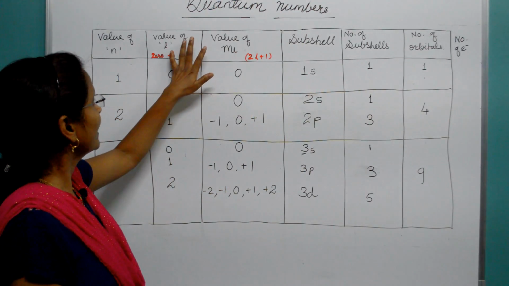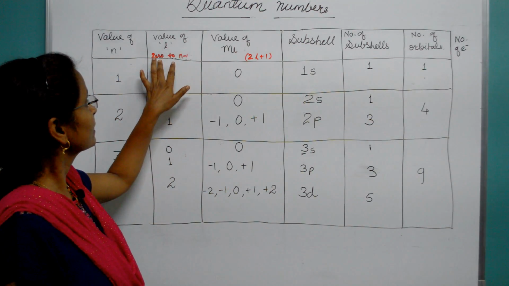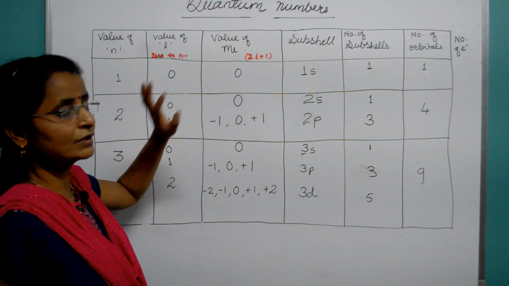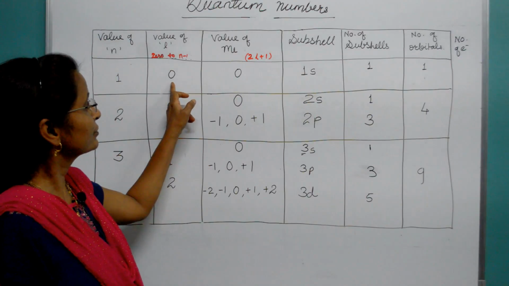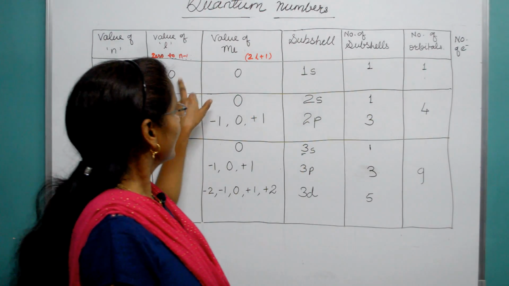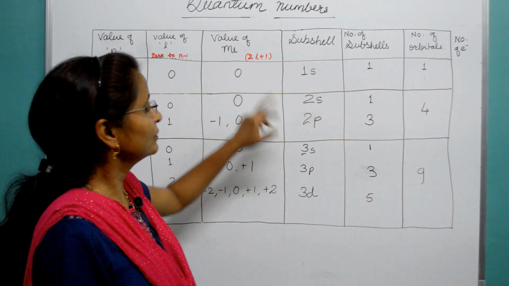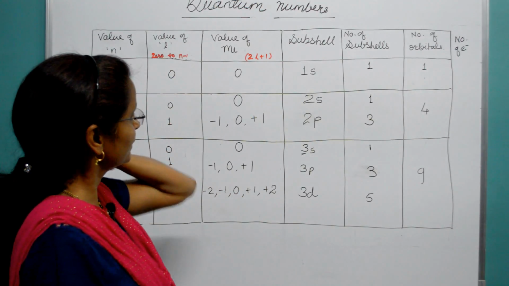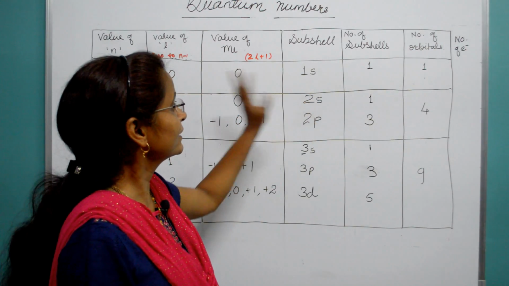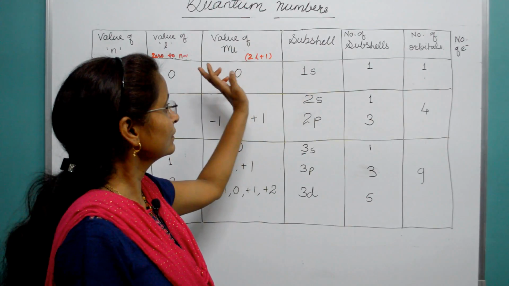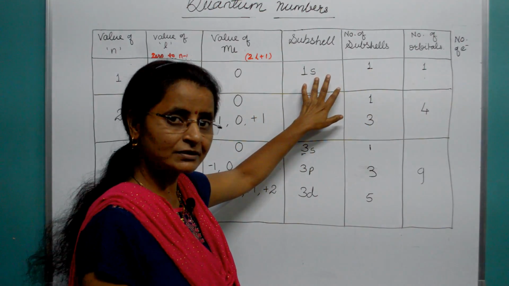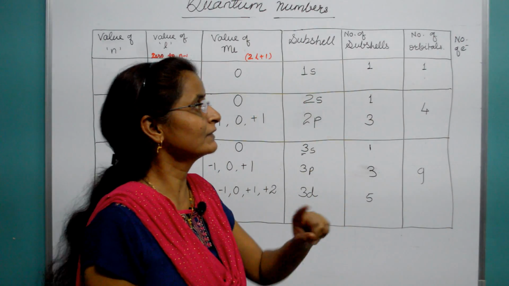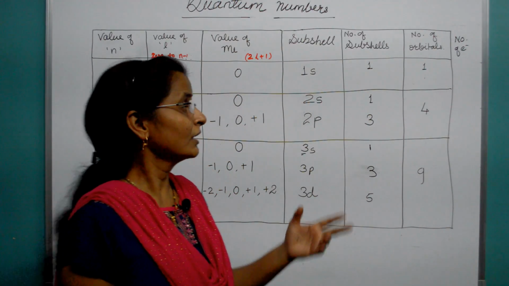So here the value of l is how much? 0 to n minus 1, n is what? The principal quantum number is 1, minus 1, so 0. So here 0, and then next is the value of m, the magnetic quantum number, which is also 0. So here it represents the number of subshells. Now only one subshell is present, and in that subshell only one orbital is present. Which subshell?